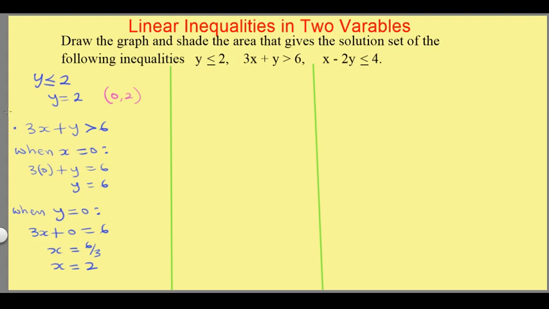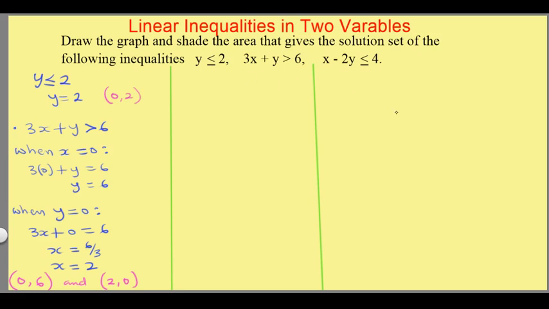So for this second inequality, we have 2 points which are 0, 6 point, that's 1 point, and the other one is 2, 0. So those are the 2 points that we are going to plot to get the line of this inequality.